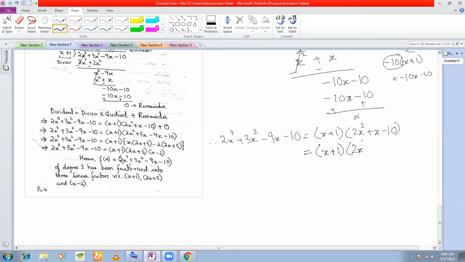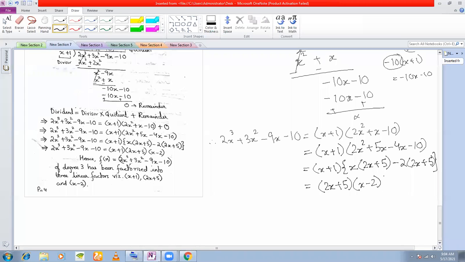The splitting is plus 5 and minus 4. So what are the factors? 2x plus 5, x minus 2, and x plus 1. So you're getting three linear factors because this was a cubic polynomial.